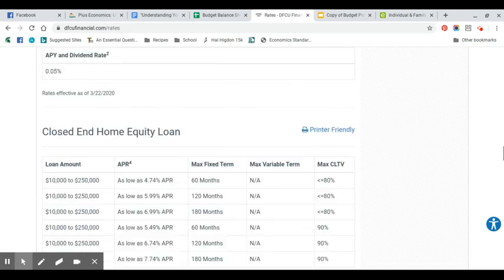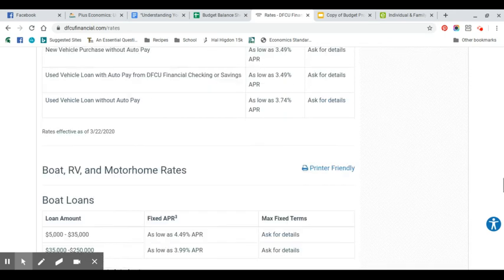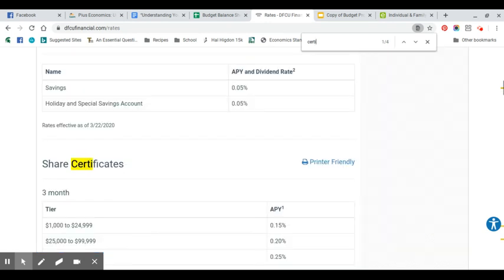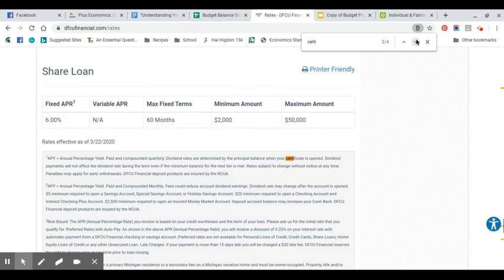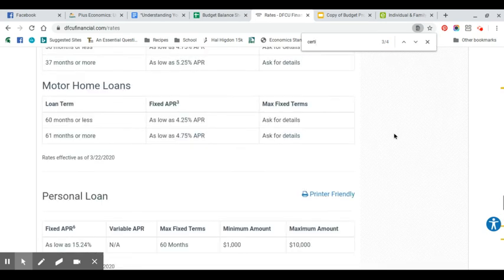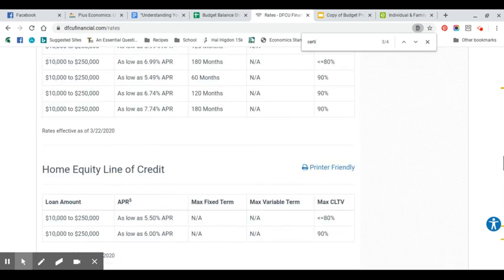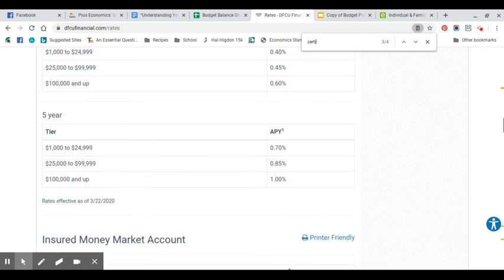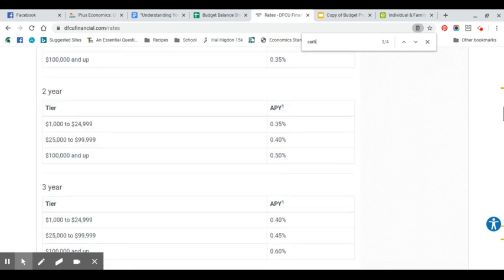The other one that we can look at is a CD. It is not showing up that there is a certificate of deposit offered at Dearborn FCU.